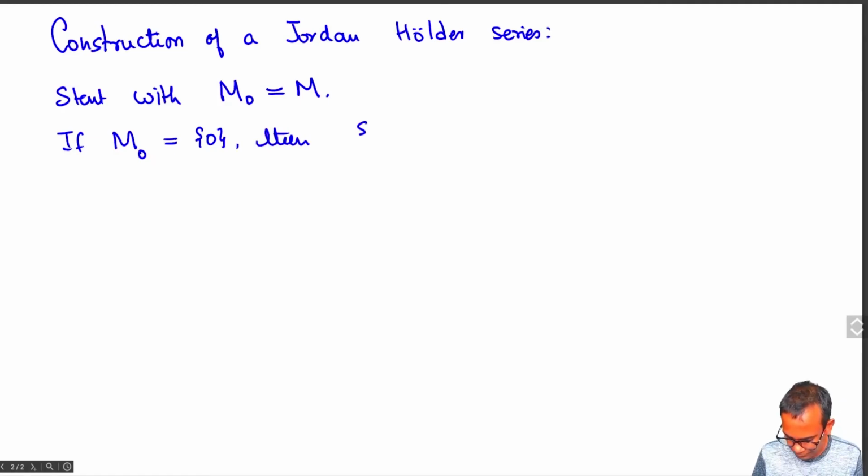Then just the singleton M0 is a Jordan-Holder series. There are no quotients here.